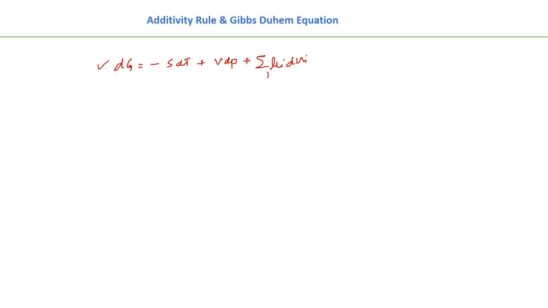Now initially the system, the container, is vacant. Now ni moles of the ith substance are added.